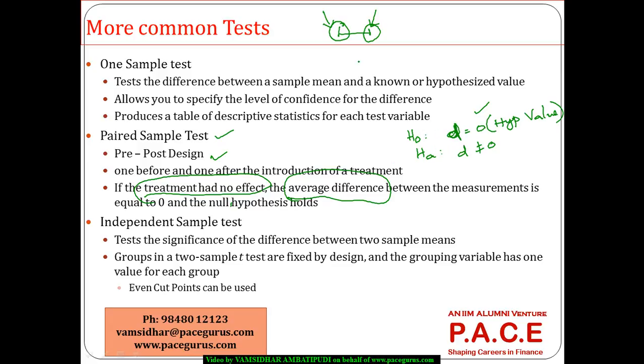For this, we don't choose two groups of data; we choose two different variables for the same record. In a paired sample t-test, I am selecting two different variables as a pair for the same record. That is what is going on as part of this paired sample t-test.